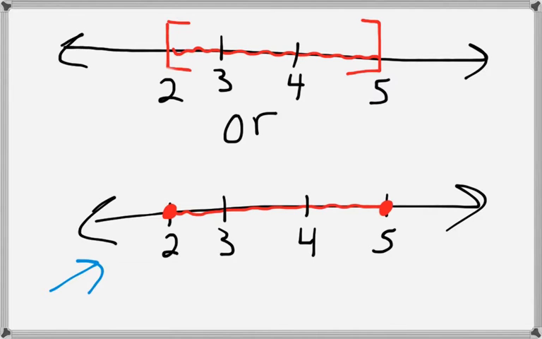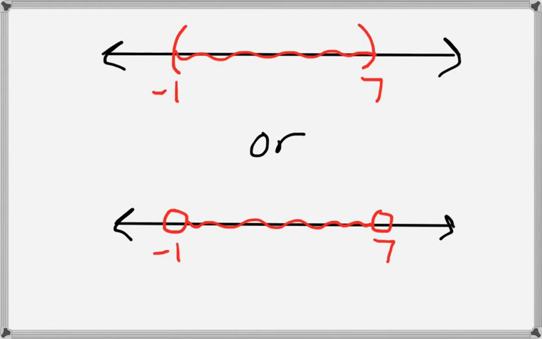We have to note that because we might have a set like this. So now we're talking about the numbers between negative 1 and 7, but we're not including negative 1 and 7 this time. So you might wonder, why do we have to note it that way? Why can't we just go from 0 to 6, right?